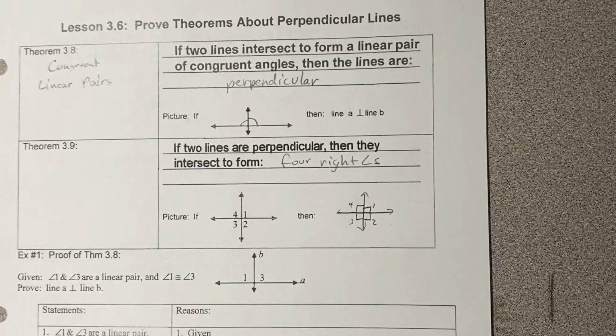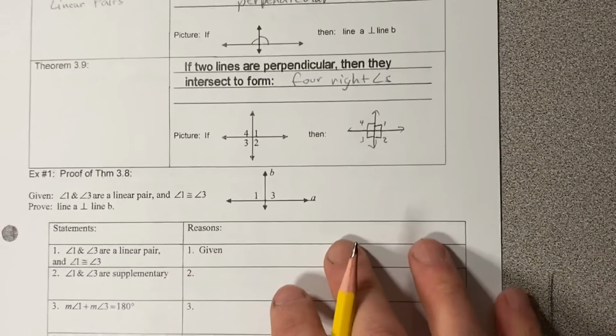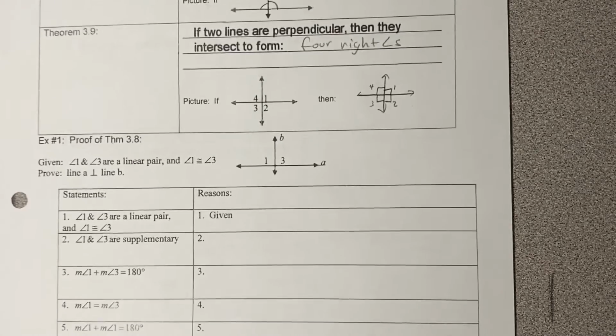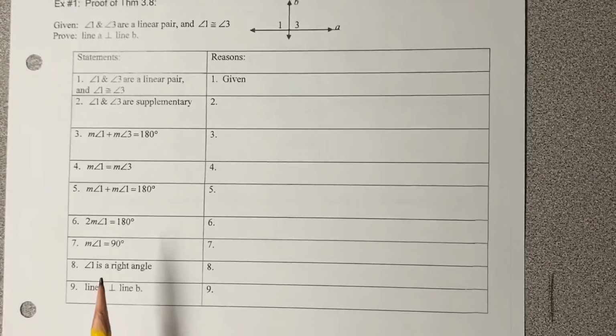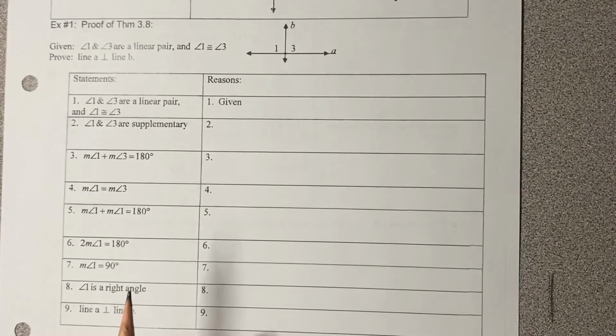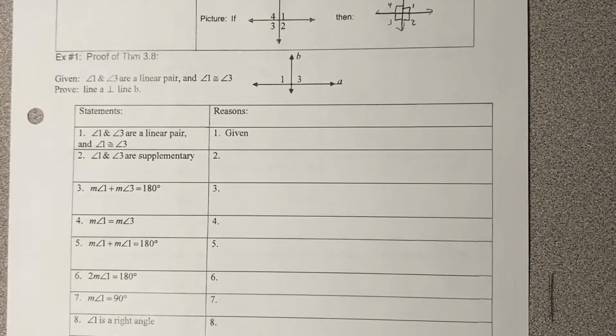All right, we're not going to have to use these theorems in any proofs, but let's prove one of these theorems. So theorem 3.8, the congruent linear pairs theorem. Let's do a proof of this. This proof looks kind of intimidating with all the steps involved, but in truth, each step is pretty straightforward. So they already have the given in there for us.